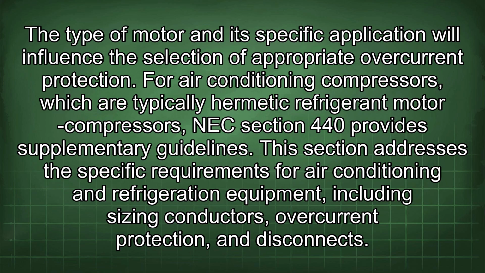For air conditioning compressors, which are typically hermetic refrigerant motor compressors, NEC Section 440 provides supplementary guidelines. This section addresses the specific requirements for air conditioning and refrigeration equipment, including sizing conductors, overcurrent protection, and disconnects.